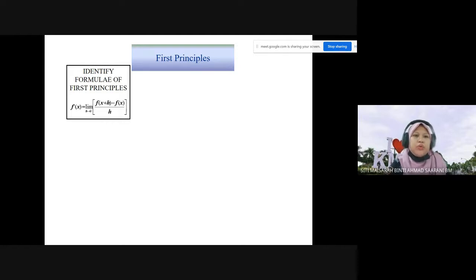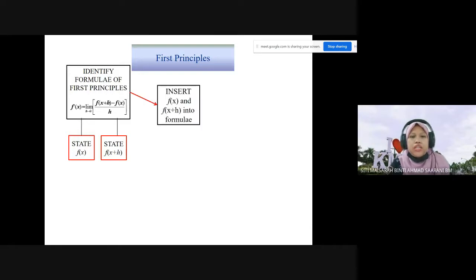So for this case, we need to state f(x) and state f(x plus h). Then we insert f(x) and f(x plus h) into the formula. So we substitute f(x plus h) and f(x) into the formula. F prime x equals limit h approaches 0, f(x plus h) minus f(x), over h. This is called first principle. Remember, this is first principle.